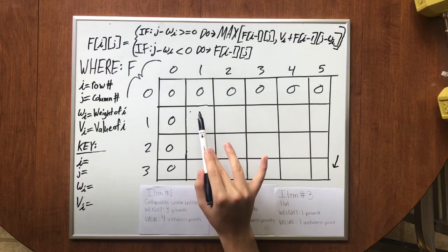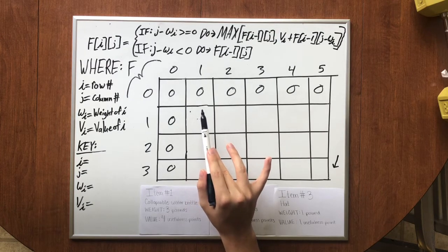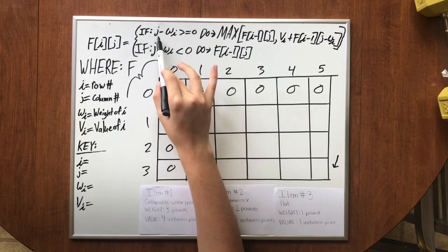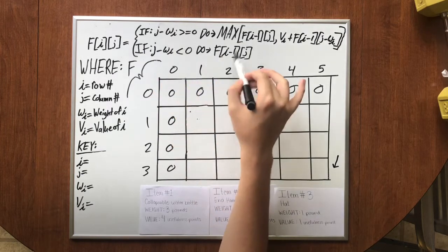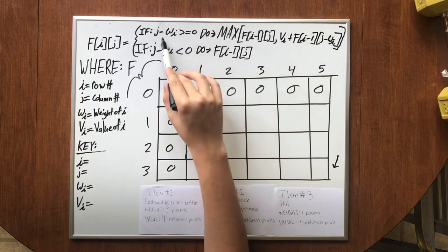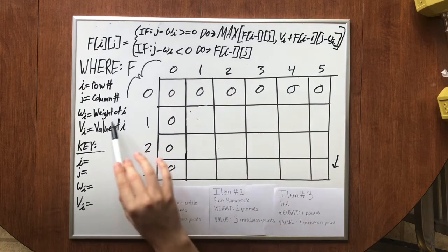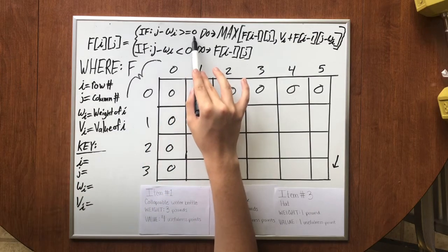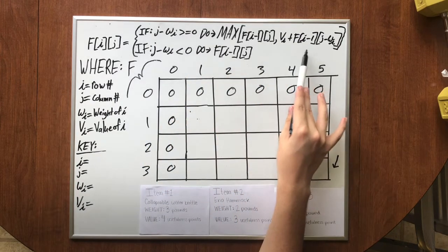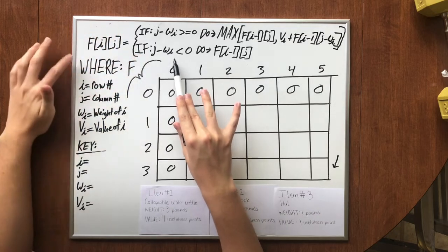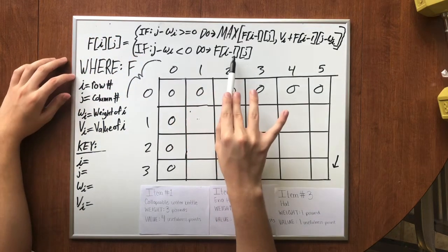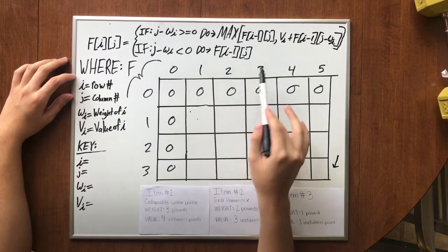Okay, so let's just jump right into it. First thing you should notice is up here we have 2 scenarios, right? We have where j minus wi, where wi is the weight of the item number, is greater than or equal to 0, we have to do this stuff. And then if j minus wi is less than 0, we have to do this stuff to fill in the box, okay?